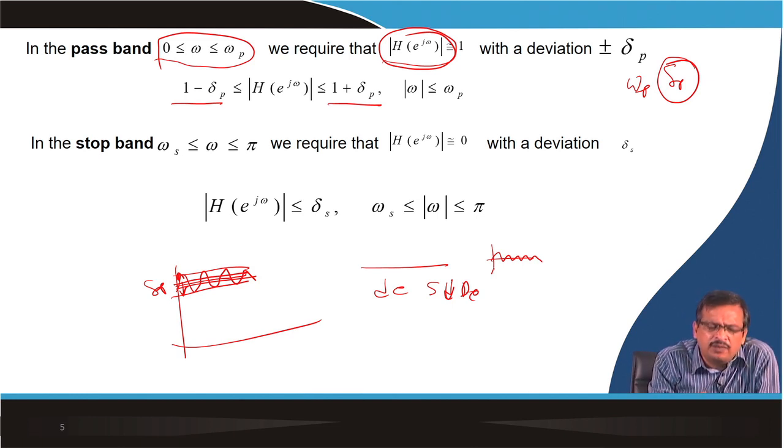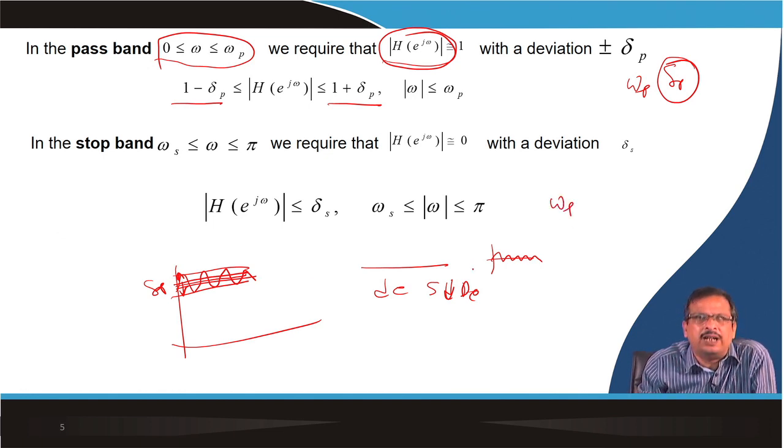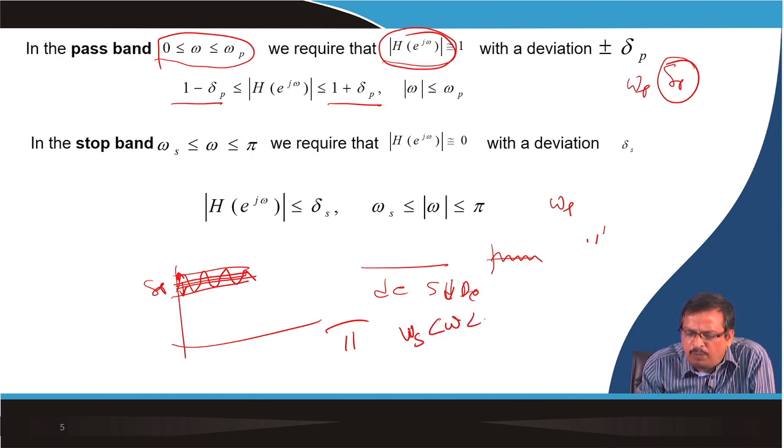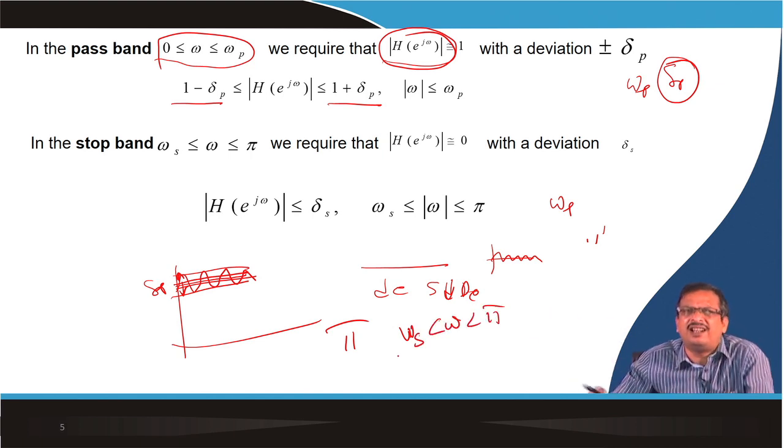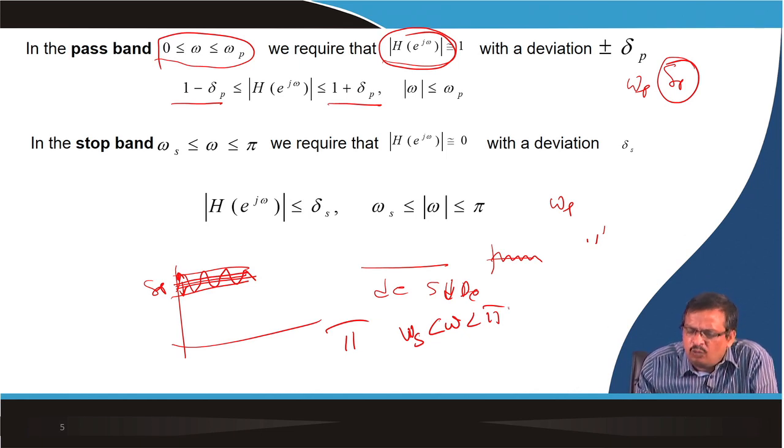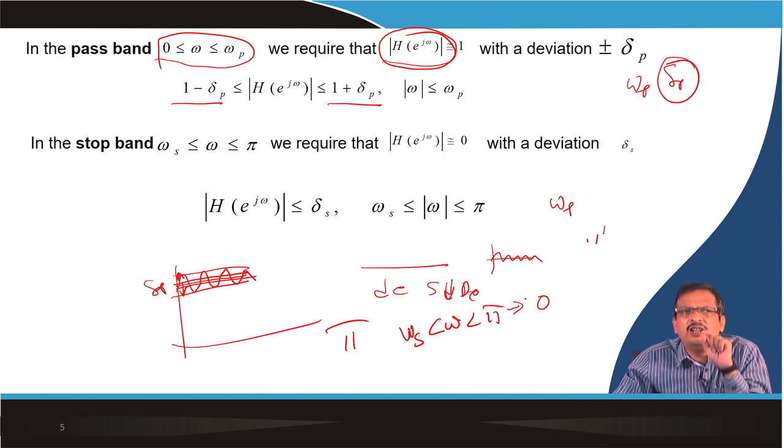Similarly, for my stop band, if omega p is my pass band edge, then the maximum frequency possible is pi. So my stop band varies from omega s to pi, because after that the signal is not there. In that region, what I want is 0.